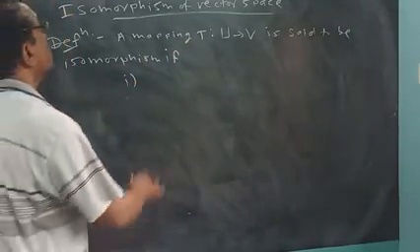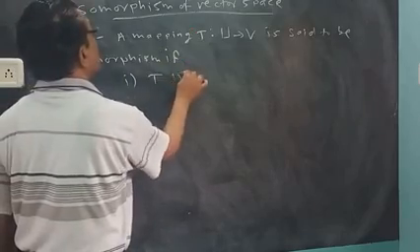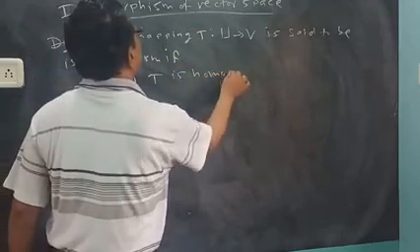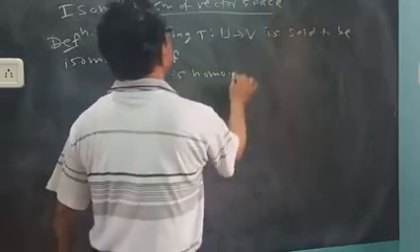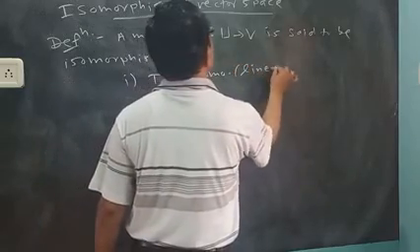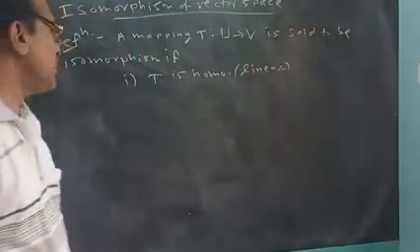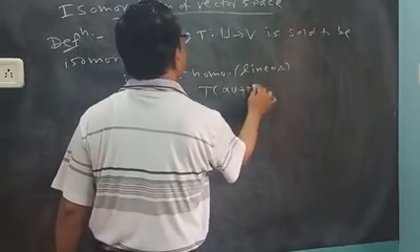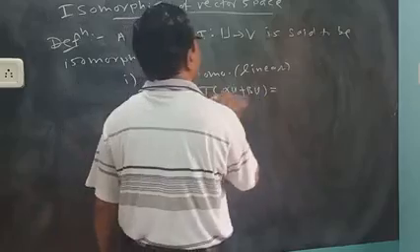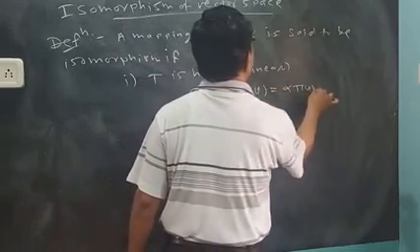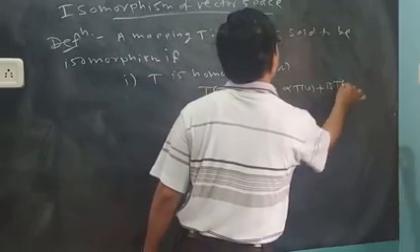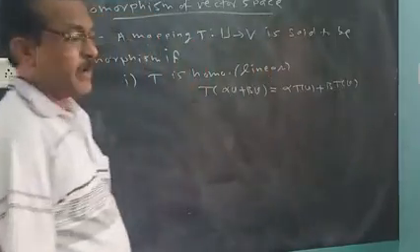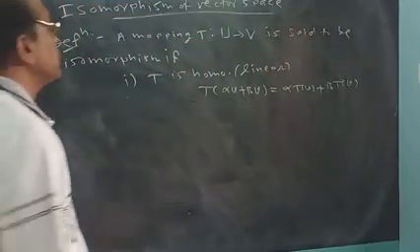So this T must be a homomorphism. Homomorphism means linear. And linear means what? T of alpha u plus beta v equals alpha times T of u plus beta times T of v. Combined condition. Linear means two points.